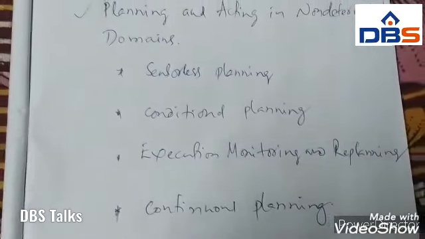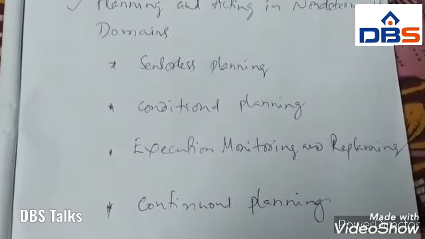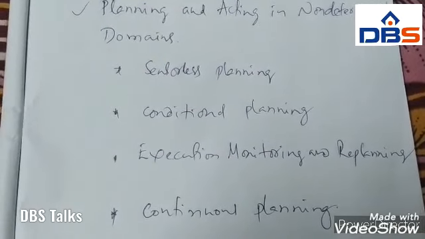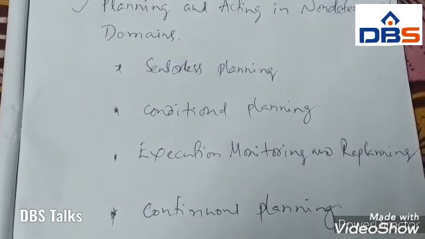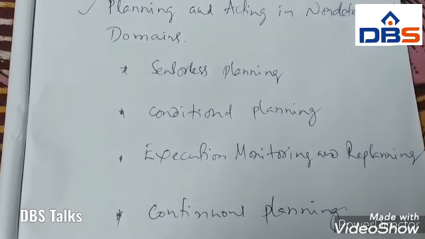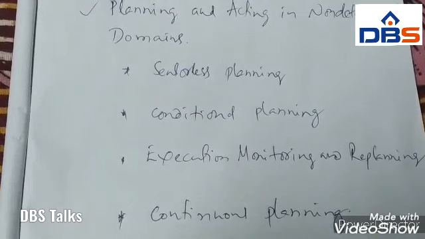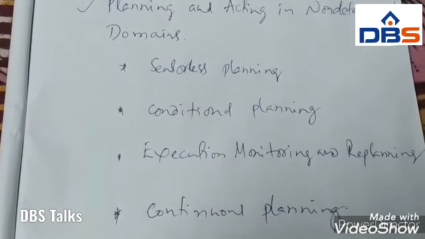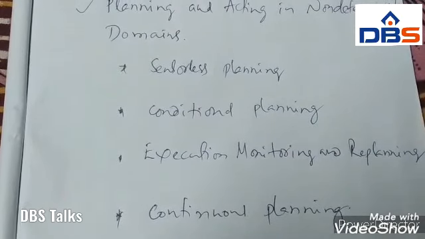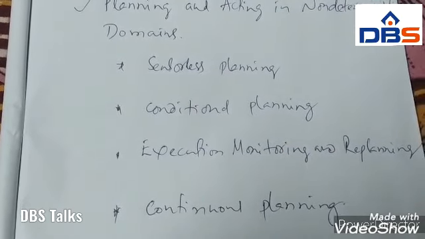Coming to sensorless planning, it can be used to construct a plan that works without the need for perception. Both sensorless and conditional plans can be constructed by search in the space of belief states.